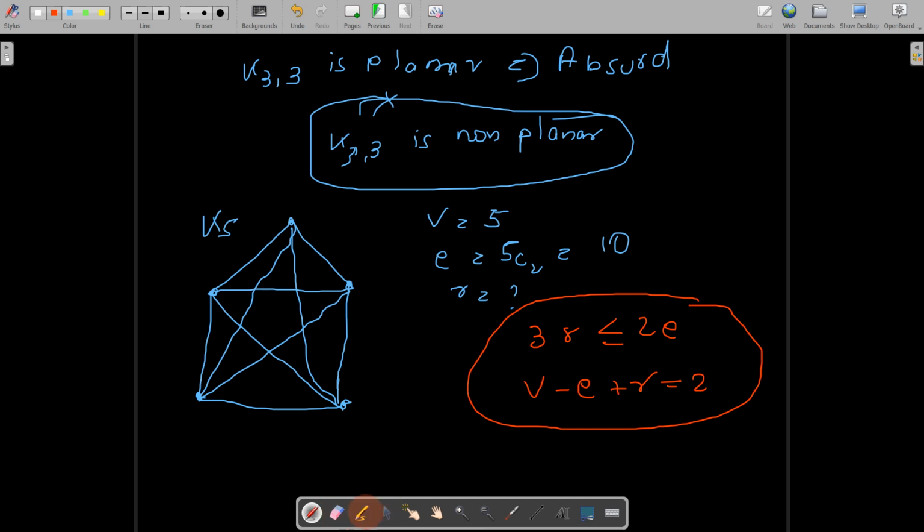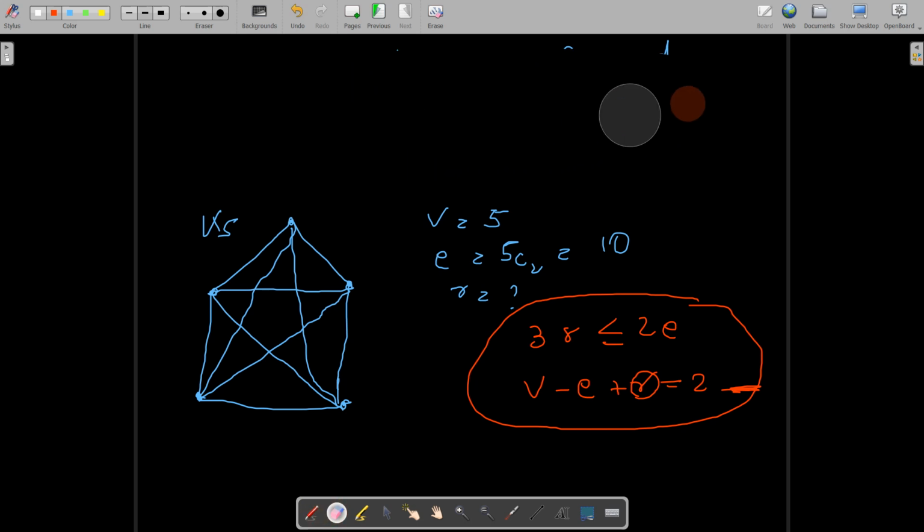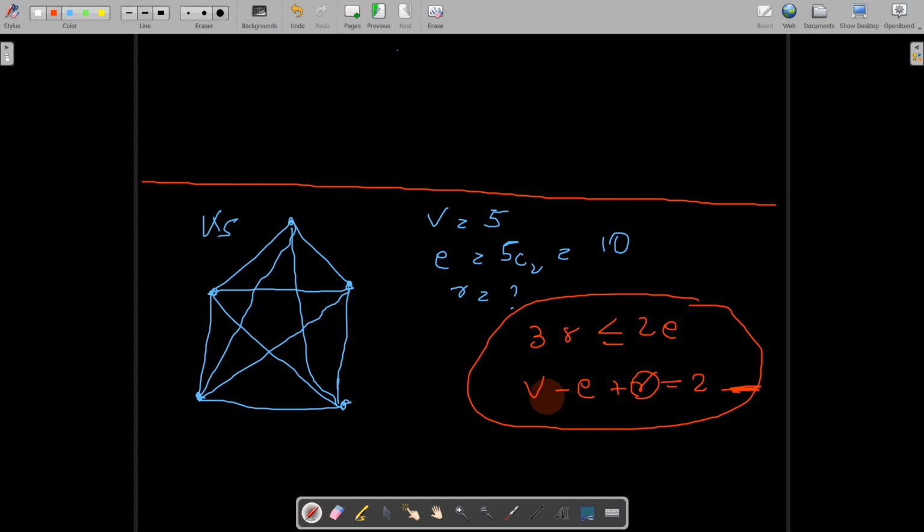From this equation, we will find the value of r. If K5 is planar, we will get what the value of r should be, and then we will substitute it in the inequality, which will lead to the absurdity. So we have 5 minus 10, that is minus 5, plus r is 2, or r is 5 plus 2, 7.